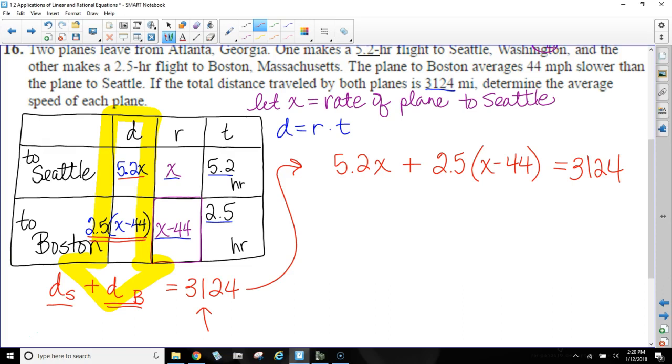Let's just use a little bit of algebra to solve it. First of all, clearing grouping symbols on the left-hand side, we have 5.2x plus 2.5x minus 2.5 times 44, which is 110.